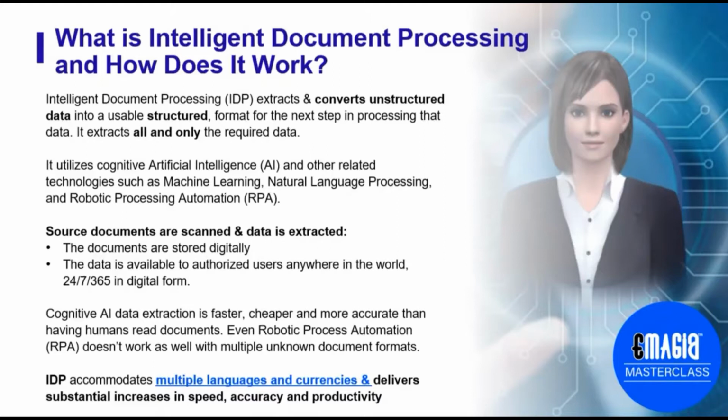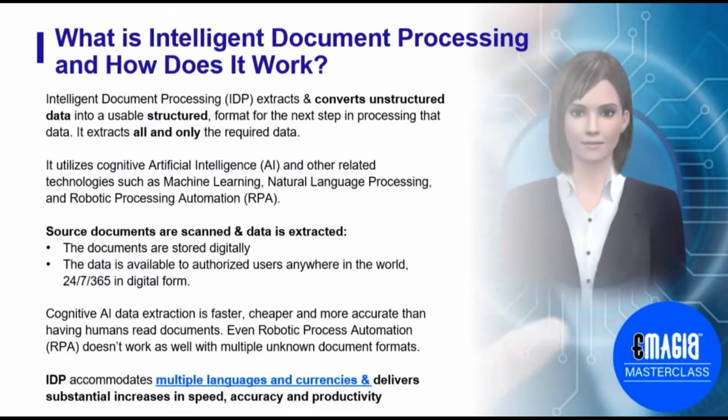I'm sure you've heard all of those. You may be using these technologies as well. So the source documents are first scanned, and then the IDP goes to work to extract the data, and then the documents are stored in a digital format and, of course, available 24/7, 365 on a global basis.